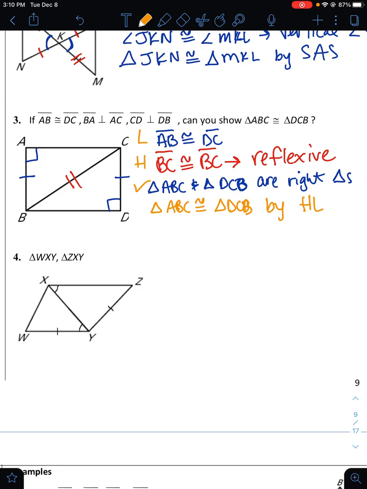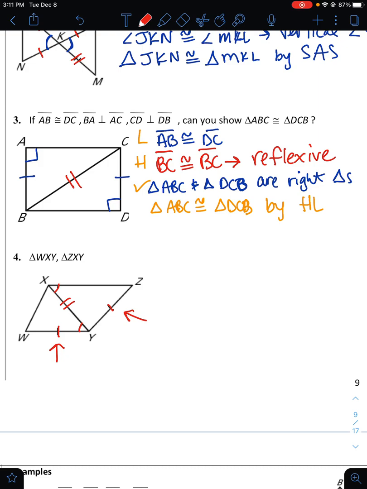Okay, last one, number 4 down here. I have two sides and I have an angle. So I'm just going to mark a few things here. And I see reflexive. So this, though, is looking a little off. Because if you look at WY and ZY, those are not corresponding sides.